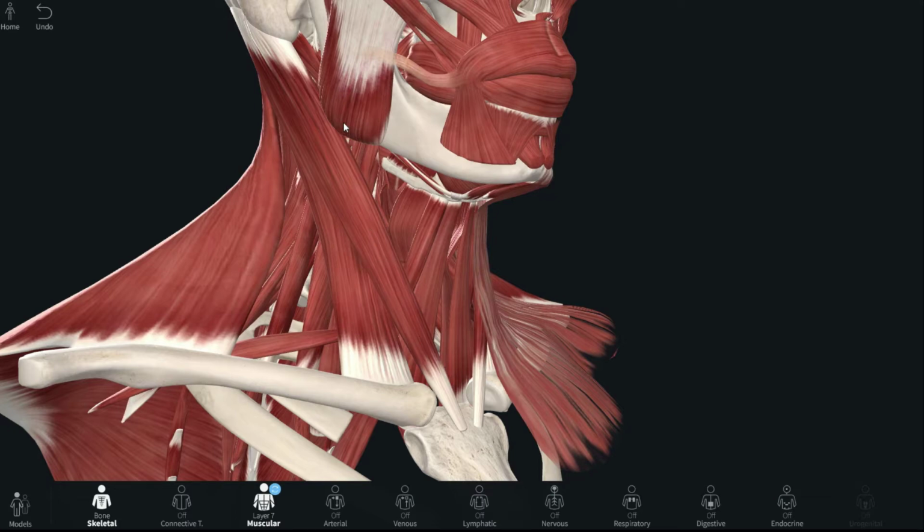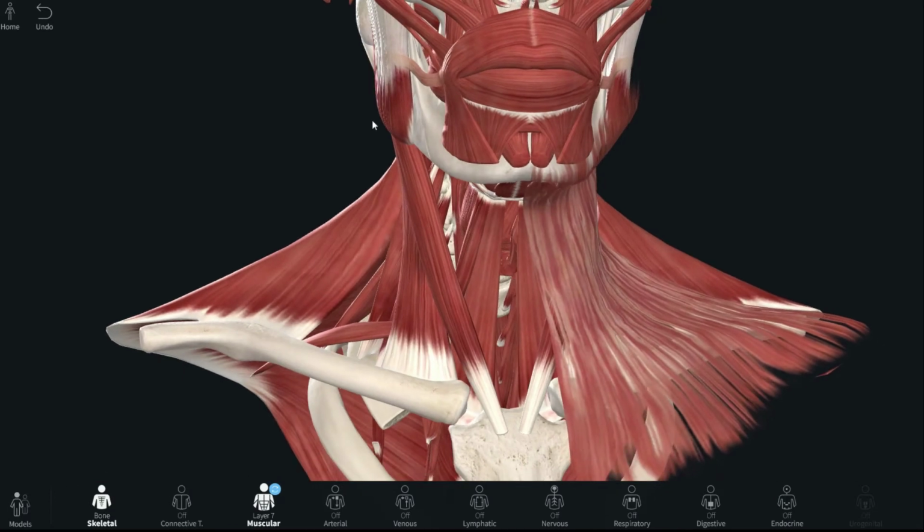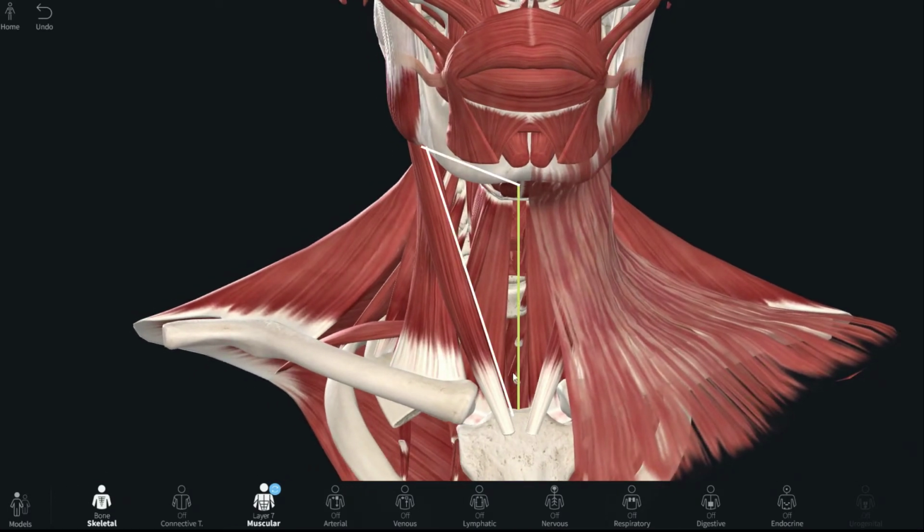If we join these three together, we are getting a triangular area, and this triangular area is the anterior triangle of the neck.